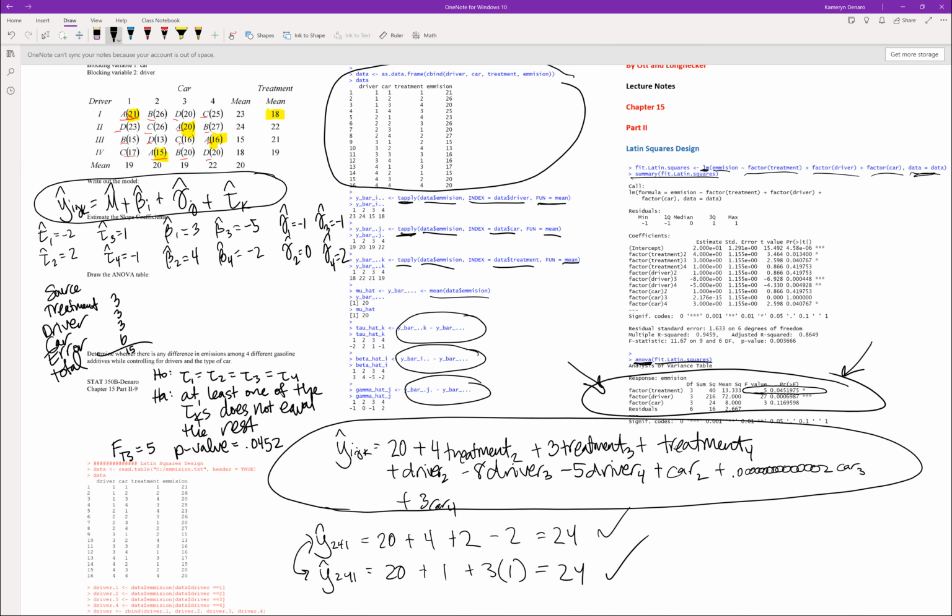Remember, there's nothing special about 0.05, but overall our P value is saying after controlling for driver and cars, we see that the effect of the additives produces differences in emissions for those 4 types of additives while controlling for drivers and the type of car.